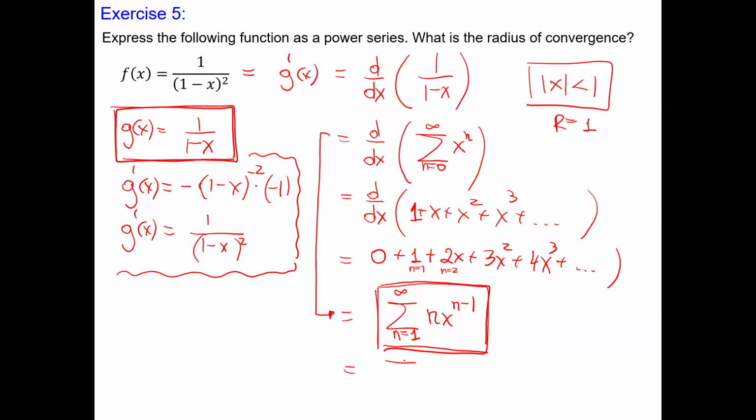One more thing I was going to say, sometimes we actually like to rewrite this and start from 0. That means we will re-index. The first term must be like this one, 1, meaning that n must be 1. If I put 0, I have to add 1. Then n minus 1 is 1 minus 1, 0.